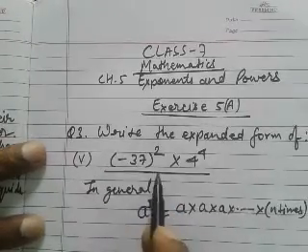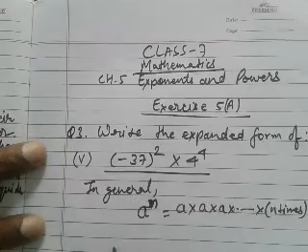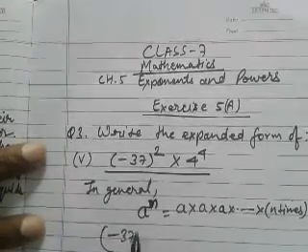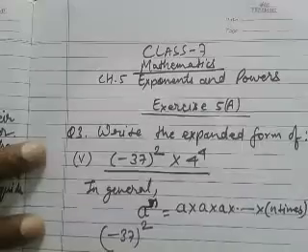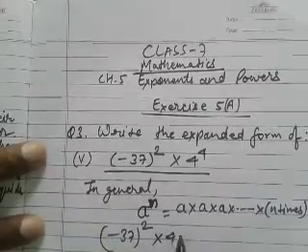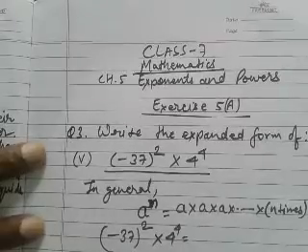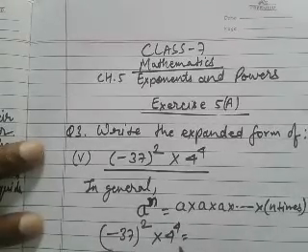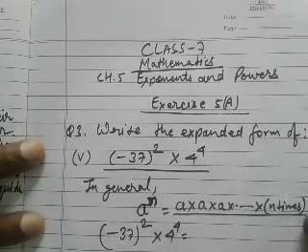But here we have, in place of a, minus 37 to the power 2, and in multiplication we have 4 raised to the power 4. So how can we write this in expanded form?